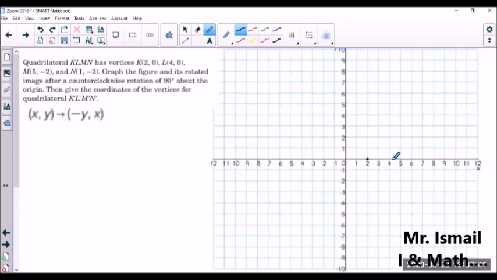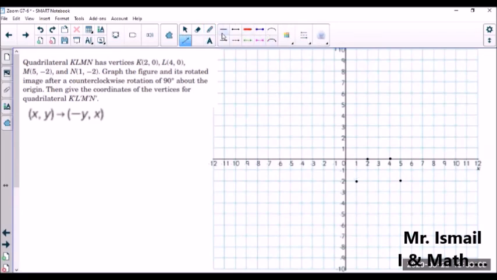L is 4, 0, M is 5, -2, and N is 1, -2. Again, K is 2, 0, L is 4, 0, M is 5, -2, and N is 1, -2.